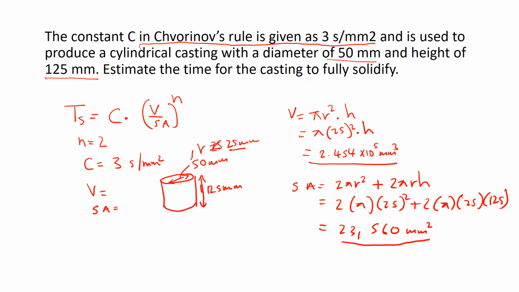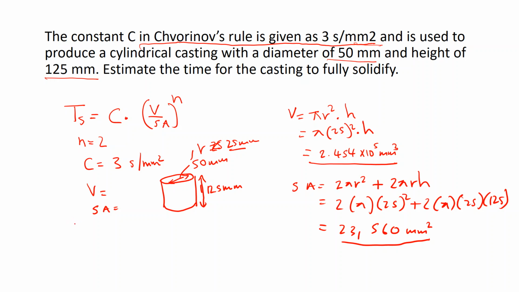Yes, since this is area, it is squared. I have left both the volume and the surface area in millimeters because the mold constant was given to me in millimeters, so I know that later on when I have to cancel, things become very easy for me.